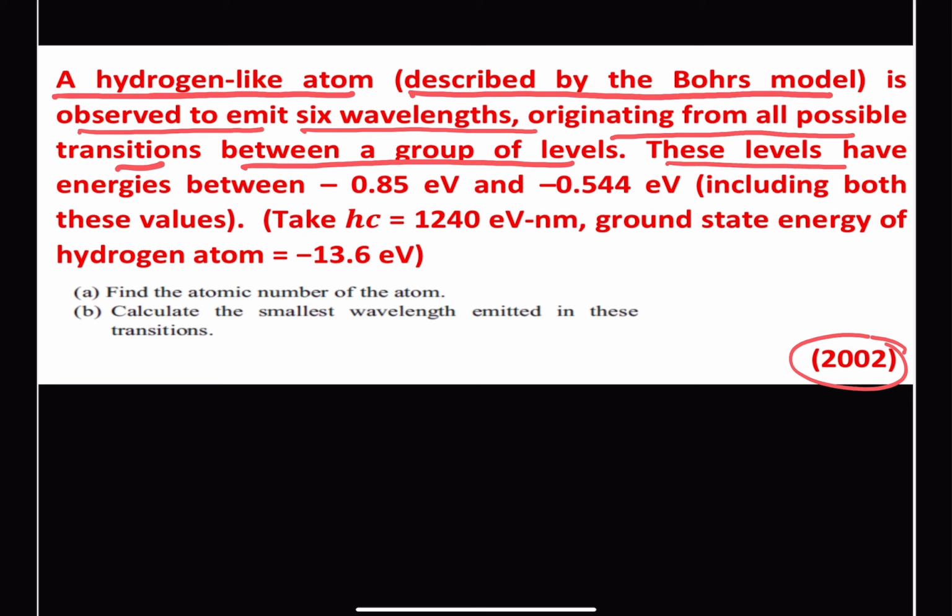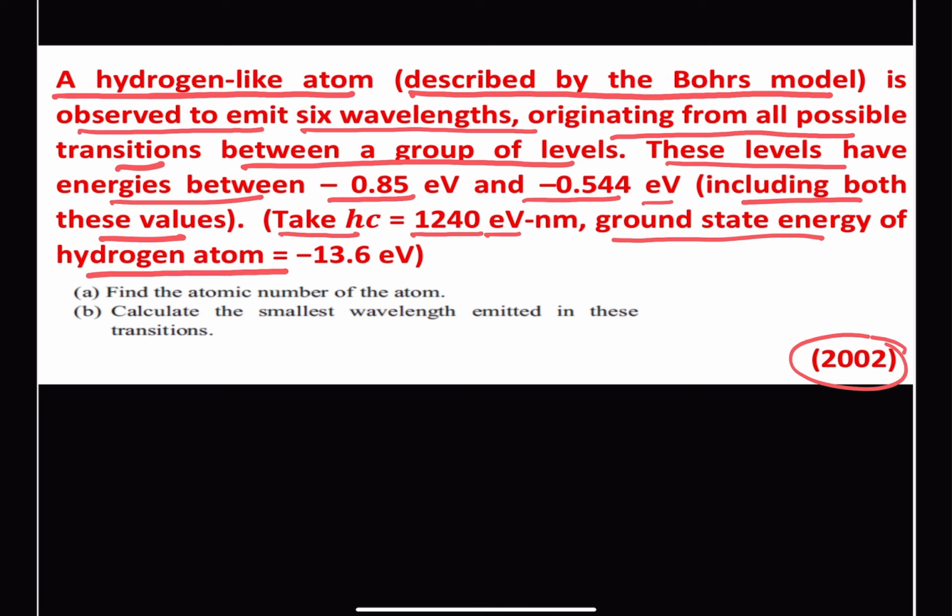These levels have energy between minus 0.85 electron volt and minus 0.544 electron volt, including both these values. Take hc, the product of h and c, as 1240 electron volt. Ground state energy of hydrogen atom is minus 13.6 electron volt.